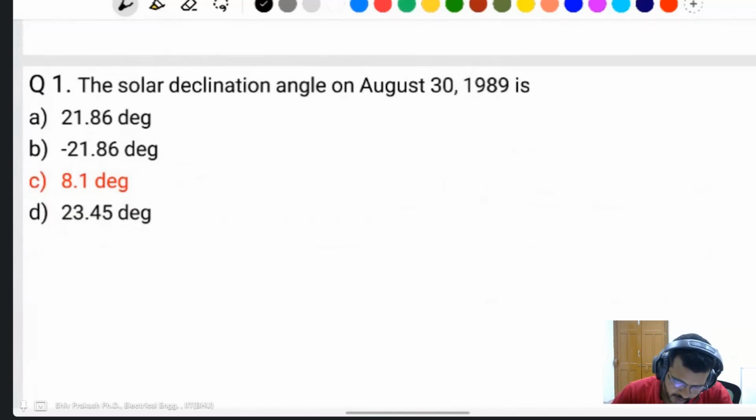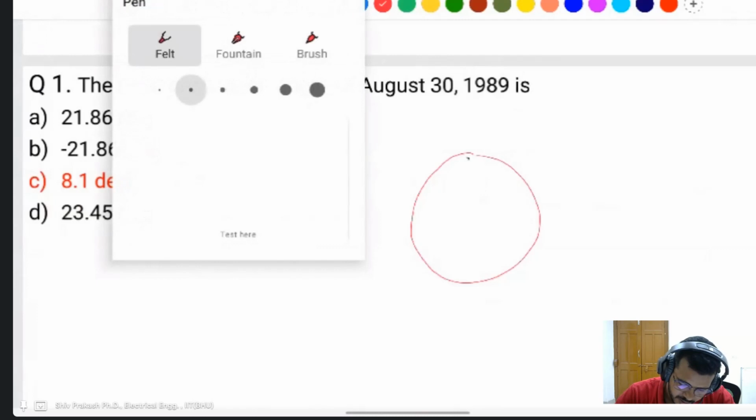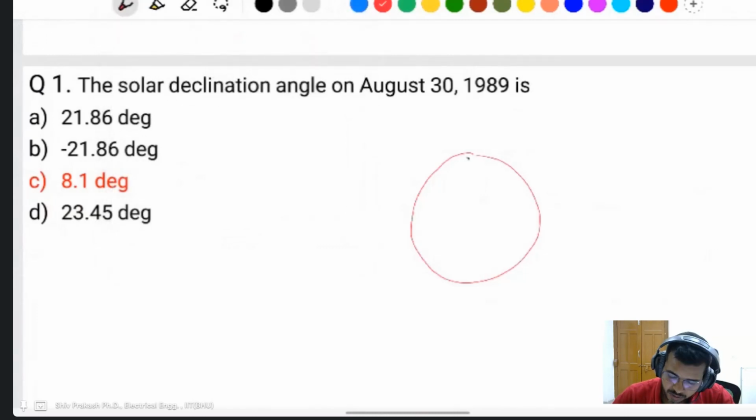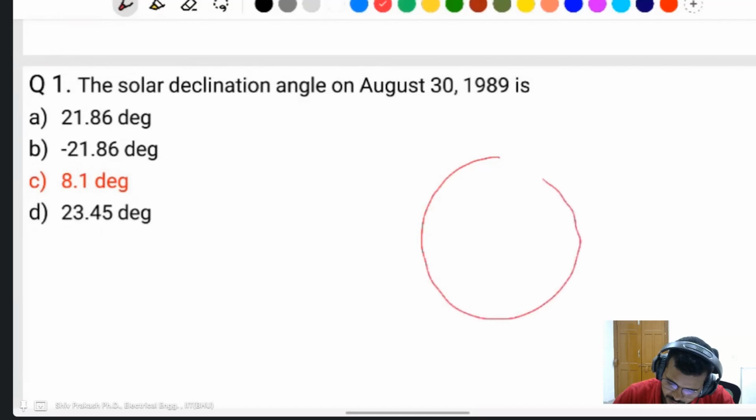So now, first is asking about the declination angle. You know about the declination angle. The earth is tilted by 23.5 degree.